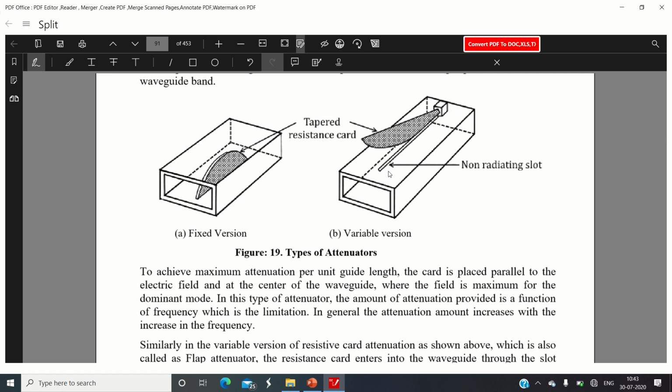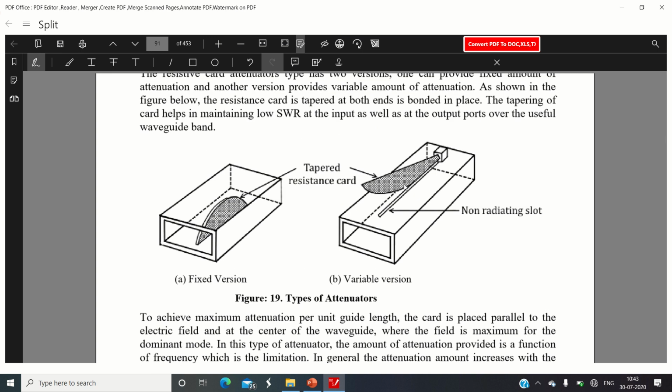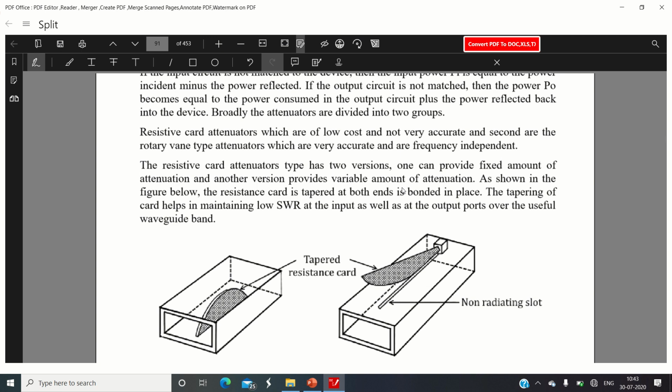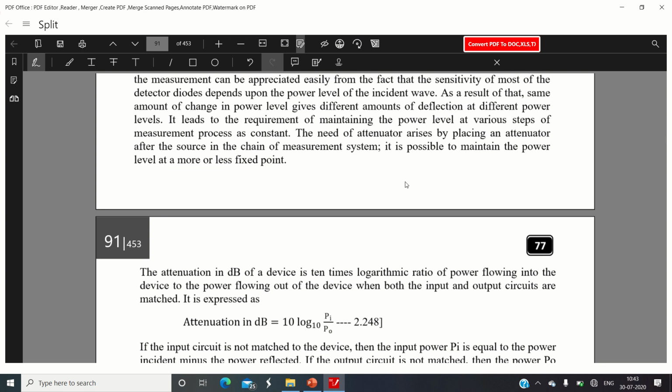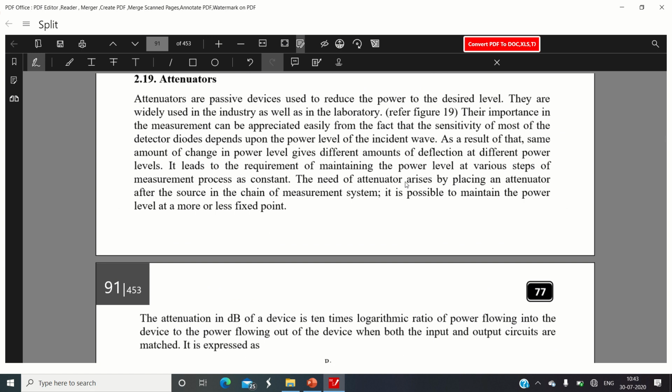So the attenuation can be provided in two different ways. The attenuation can be provided with a fixed amount, and if you want to make it variable, make use of this second configuration. So fixed attenuators and variable attenuators are the two main types of attenuator circuit. Okay, and attenuation is required. Now you may ask me where we want to attenuate the signal.